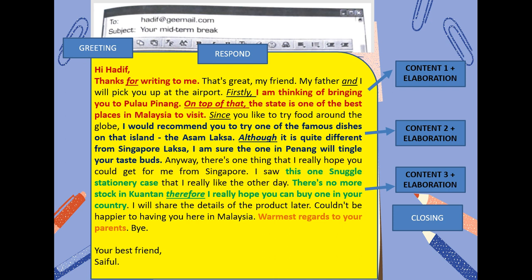Okay. And as you can see from the screen, you may notice the words that I underline. Those are what we call, some of it are conjunctions and some of it are cohesive devices. Since the number of required words is around 80 words, writing in a single paragraph will not be an issue.